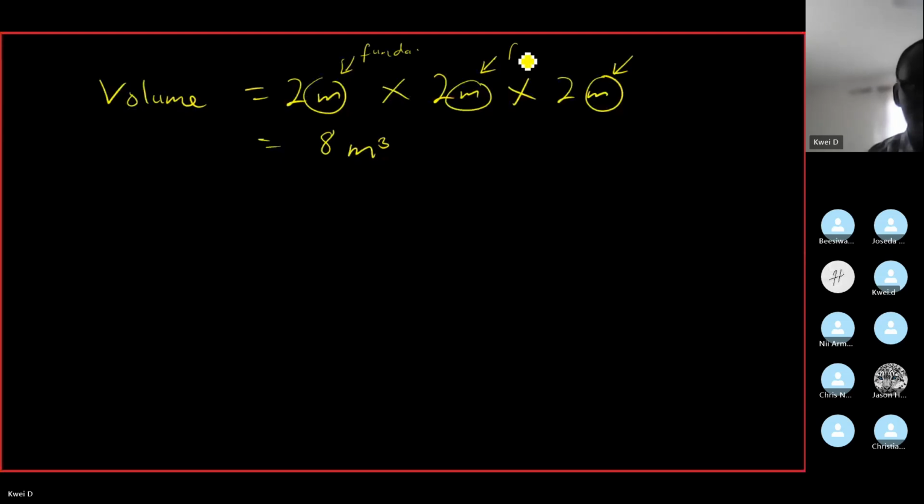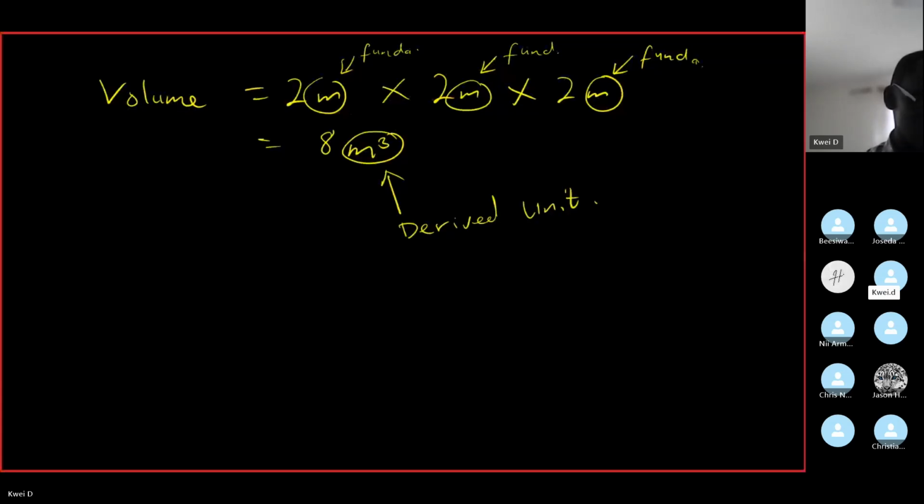But as you've combined these three, they have given us what? They have given us the derived unit. So when you combine 2 or more of the fundamental units, we get the derived units. Okay, so that is what we have over there.